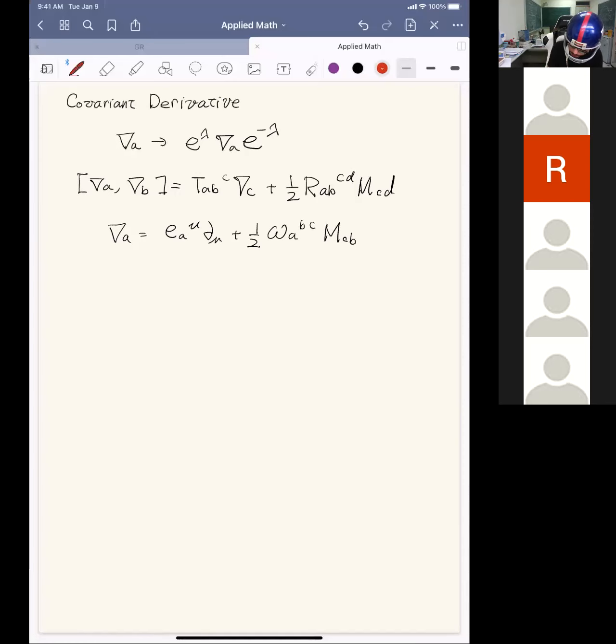First of all, the important point of introducing the covariant derivative is that we have the spin connection. The reason the spin connection is important is that it is multiplying the generator of Lorentz transformations.